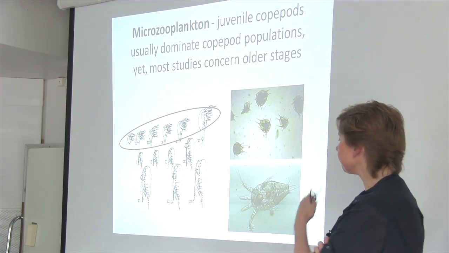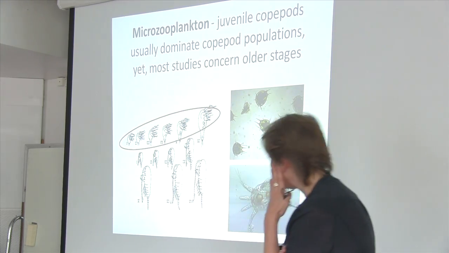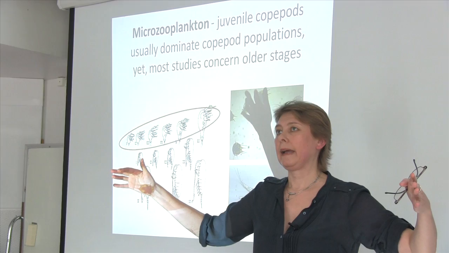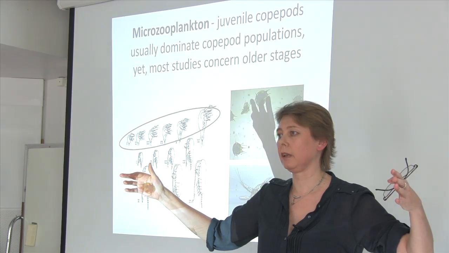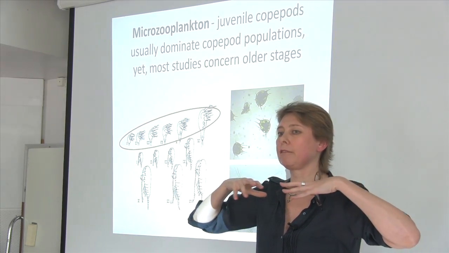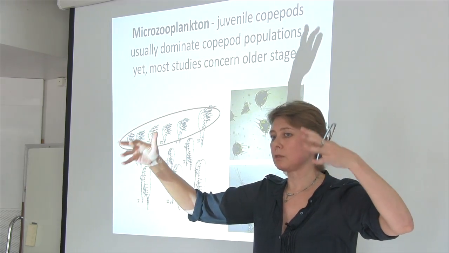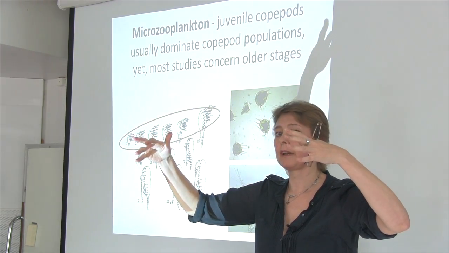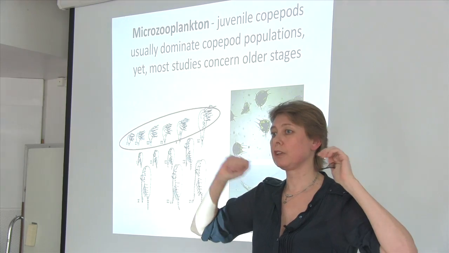Right. As in any age-resolved demographic structure in a population, copepods have a lot of juveniles, and then both biomass and number of each next life stage is decreasing.